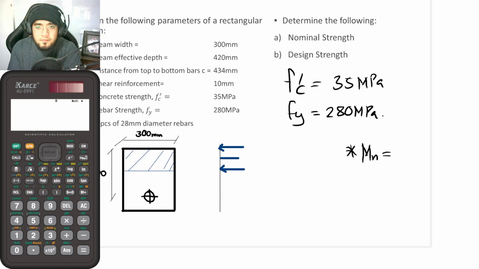Once again, this is 0.85 f'c, and from that, this is now the value of a. And at the tension side, suppose that this is now the centroid of them. So once again, this is As, fs.